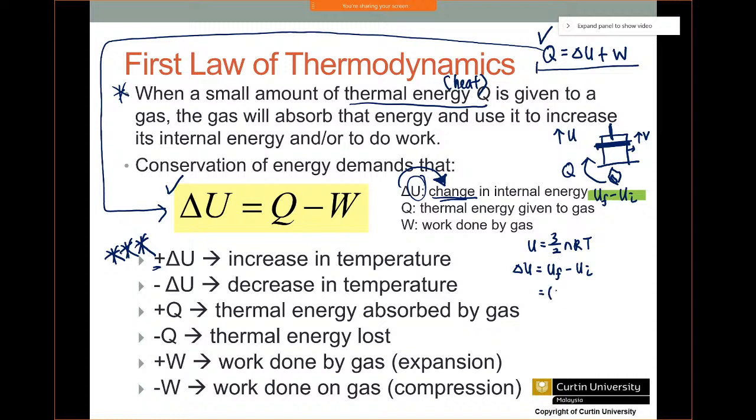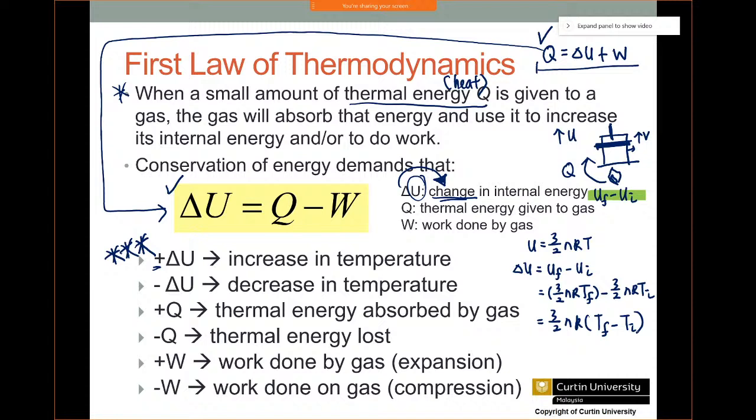Plug in the value: 3 over 2 nRT final minus 3 over 2 nRT initial. Simplify, and you get T final minus T initial.